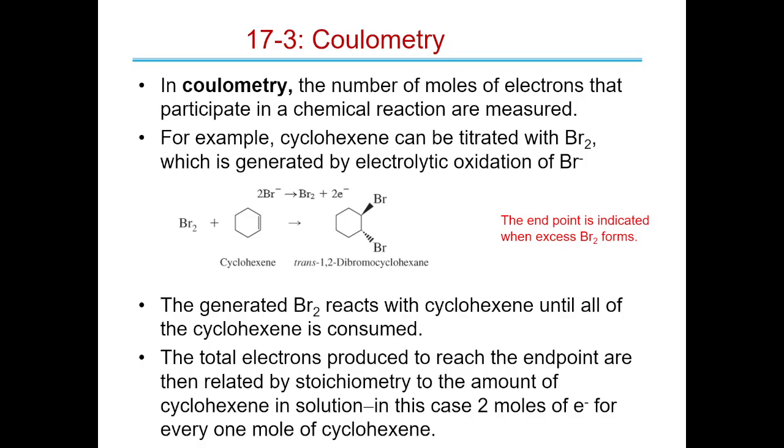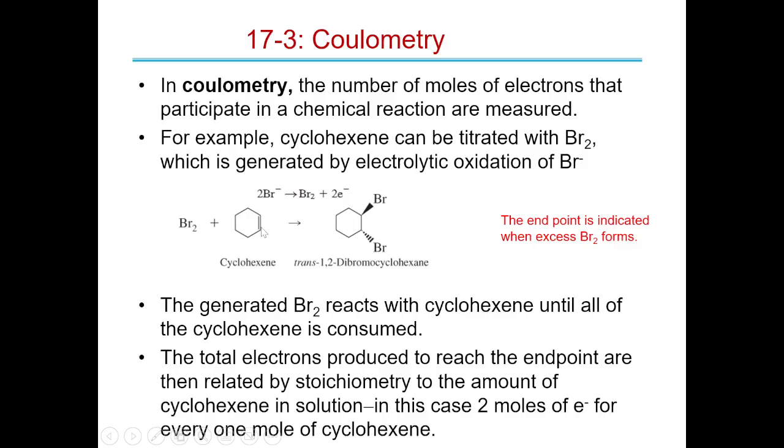For example, cyclohexene can be titrated with Br2, which is generated by electrolytic oxidation of Br-. So this would then give us an endpoint, which will be indicated when excess Br2 forms.